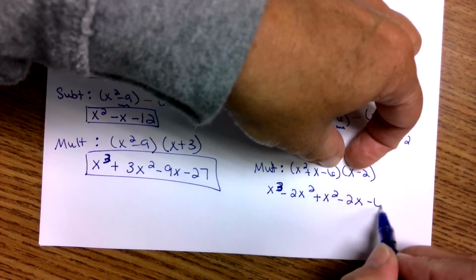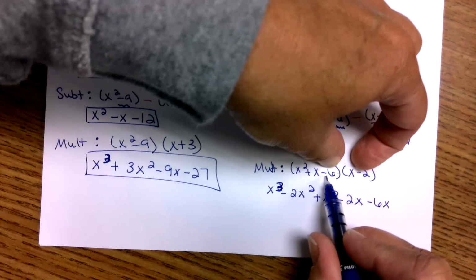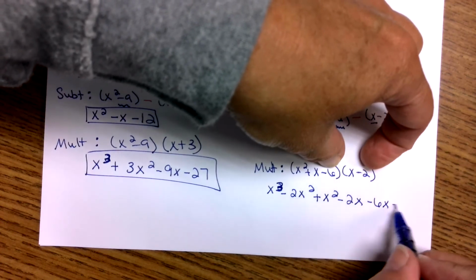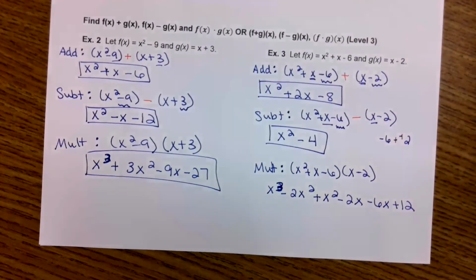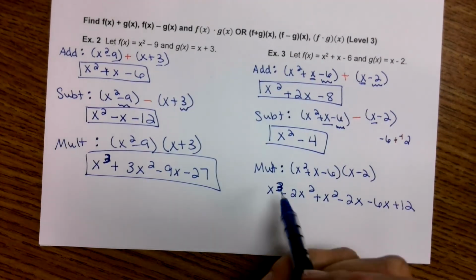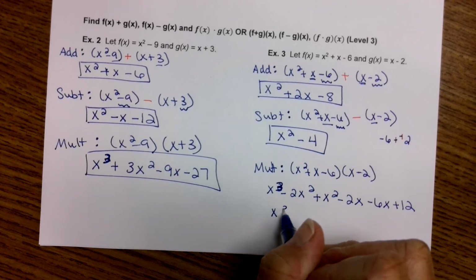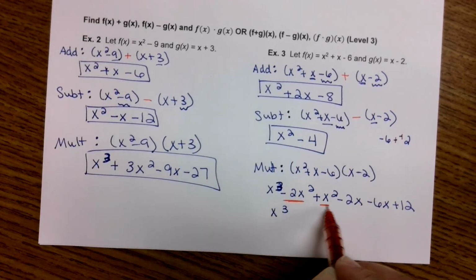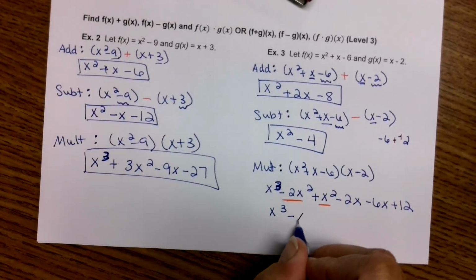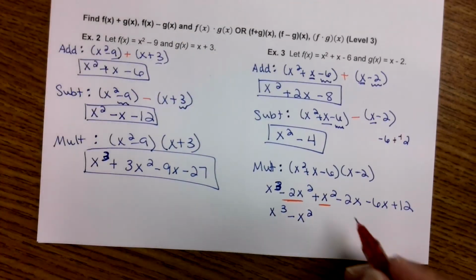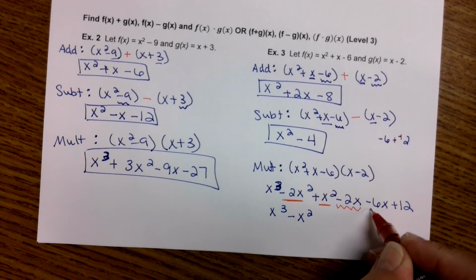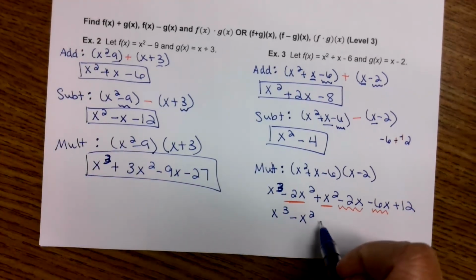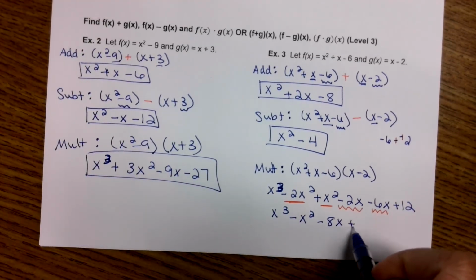Negative 6 times x is negative 6x. Negative 6 times a negative 2 is a positive 12. All right, so here's x cubed. We have a negative 2x squared and a positive x squared. That's a negative x squared. Negative 2x minus 6x is negative 8x, plus 12.